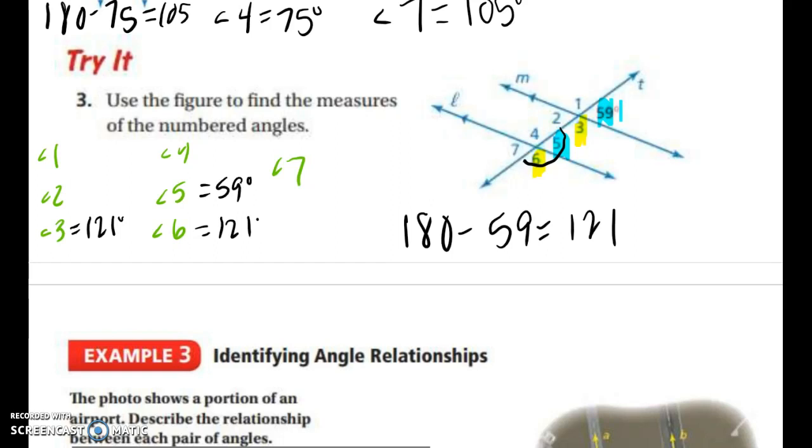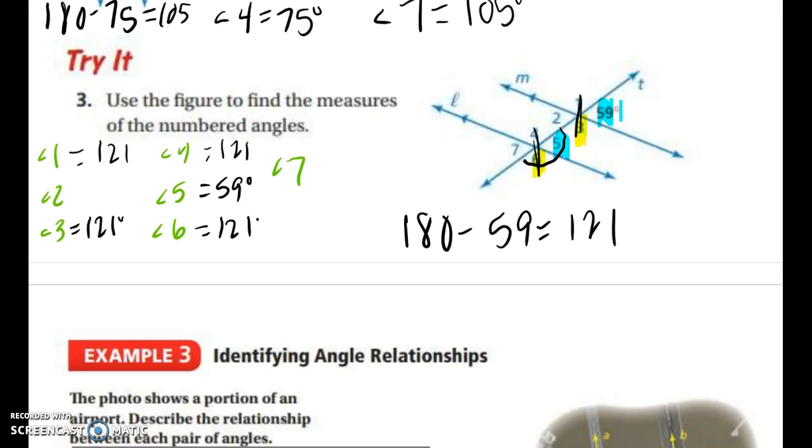So my vertical angle for 3 is number 1, and for 6 is number 4. And so those are equal. So since 3 was 121, that means that angle 1 is 121. And since 6 is 121, angle 4 is also 121.